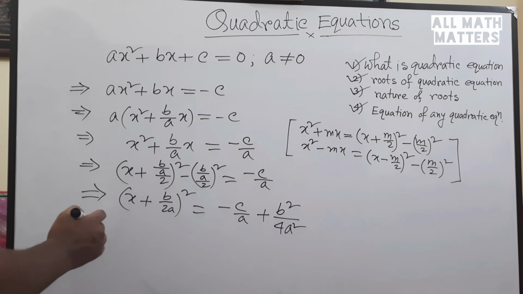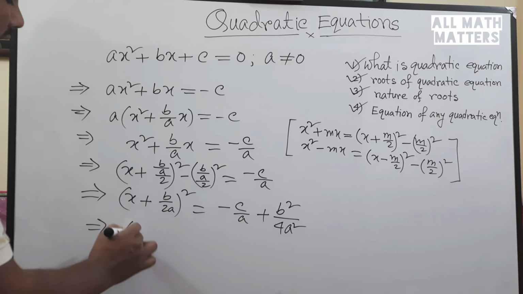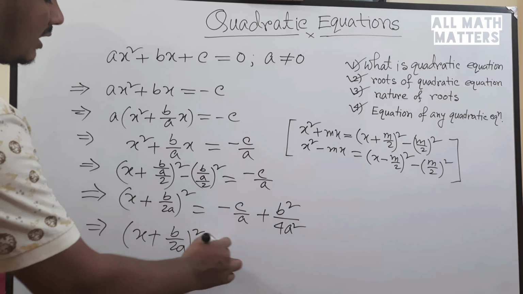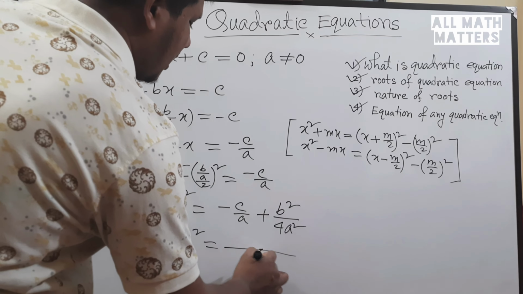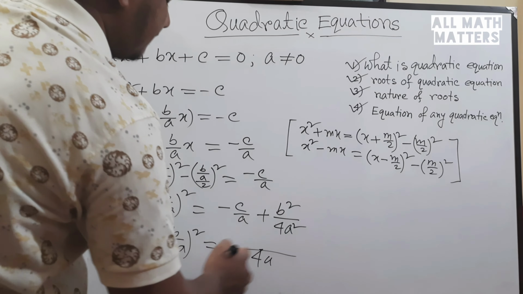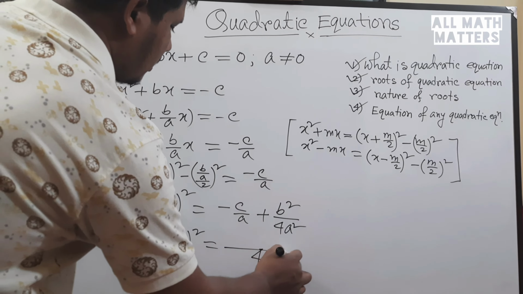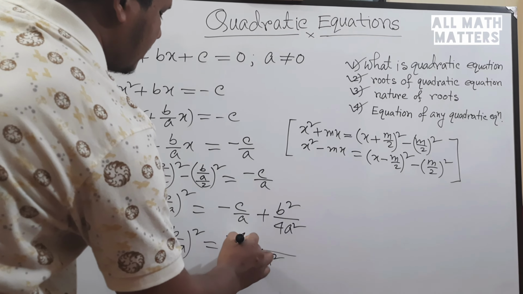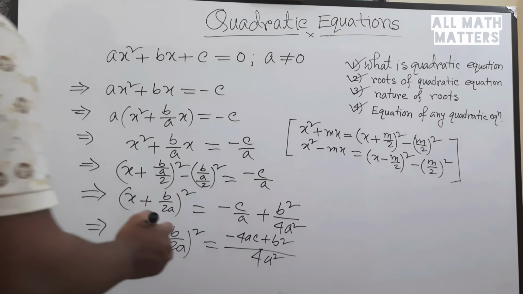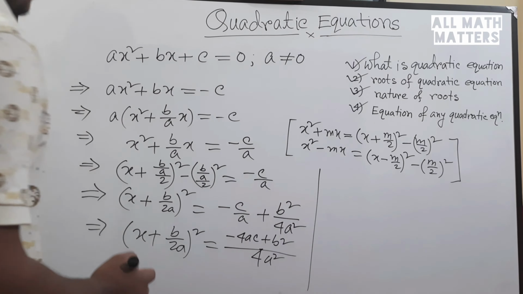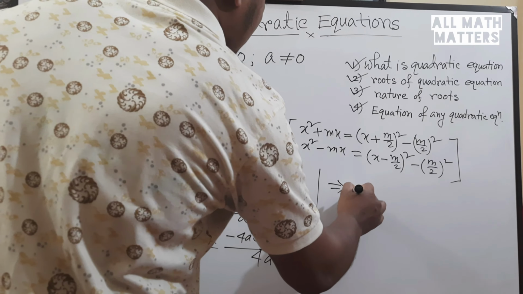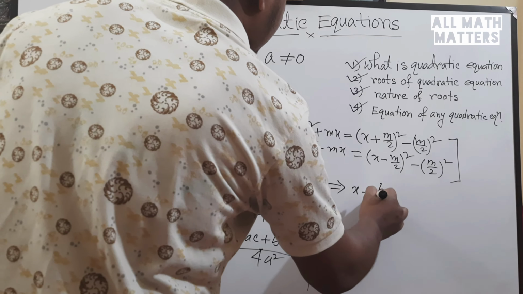Okay, now if we do another calculation, x plus b over 2a whole square, now you can do the LCM here. So if we do the LCM, 4a square, it will be 4ac plus b square. So now if we do the next part of this calculation, then it will be x plus b over 2a.